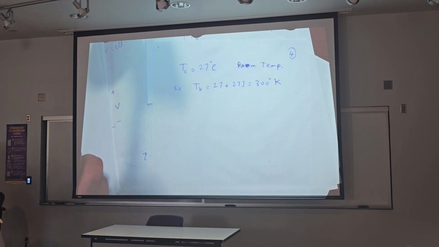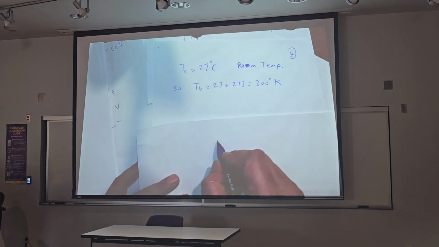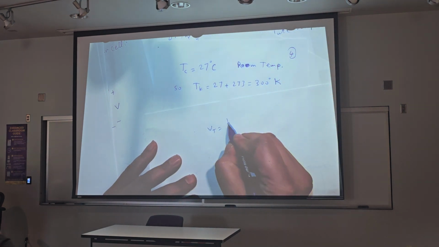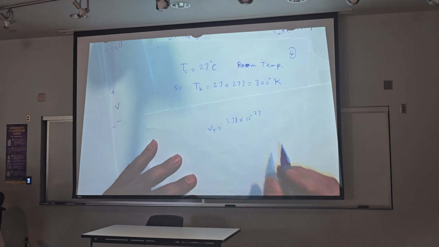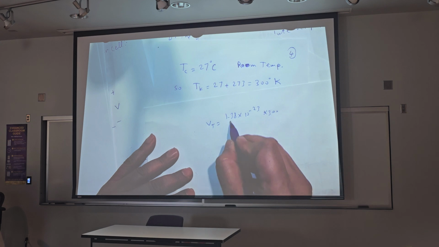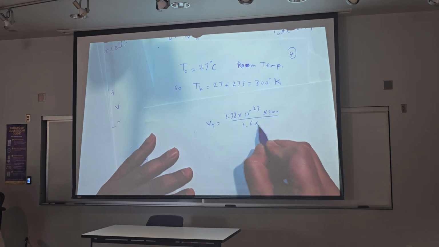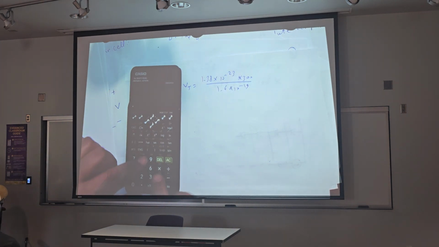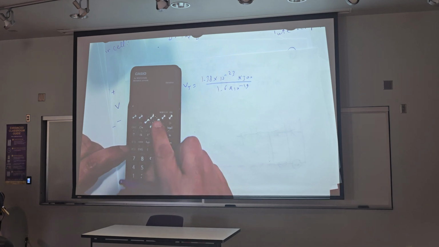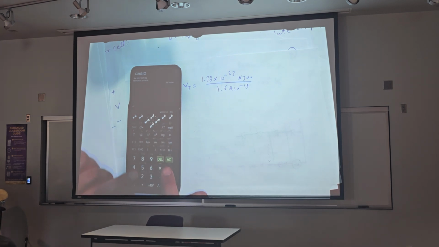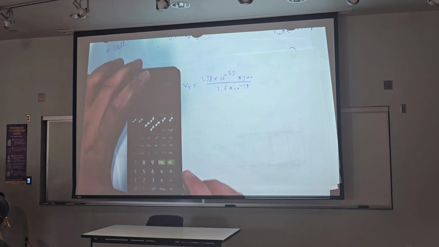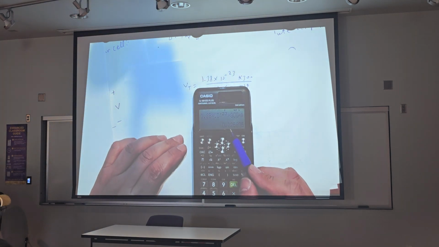Now, if we calculate VT, VT equal 1.38 times 10 power minus 23 times temperature 300 divided by Q, 1.6 times 10 power minus 19. Equal 0.0258.